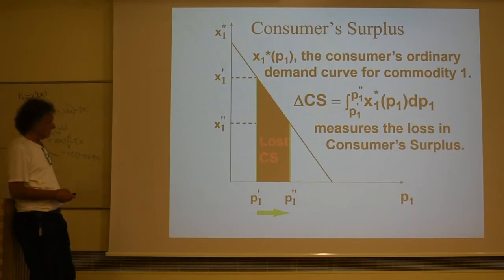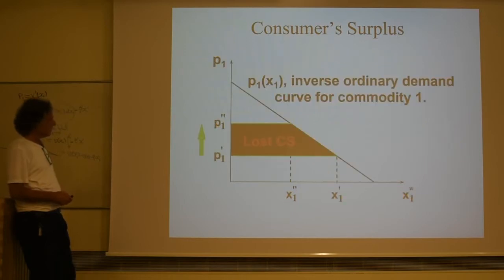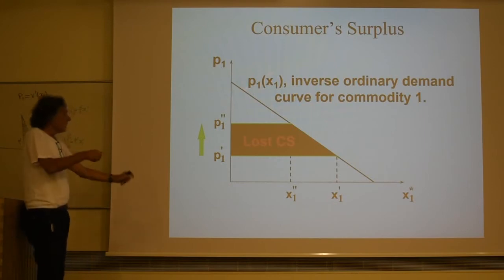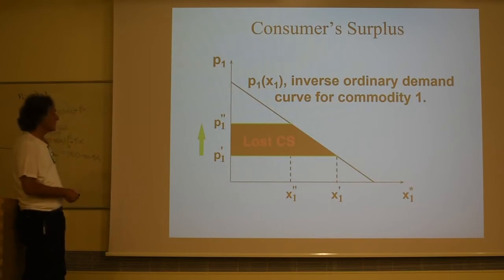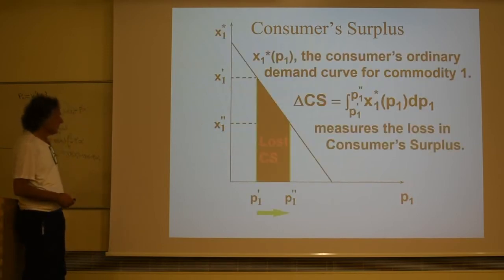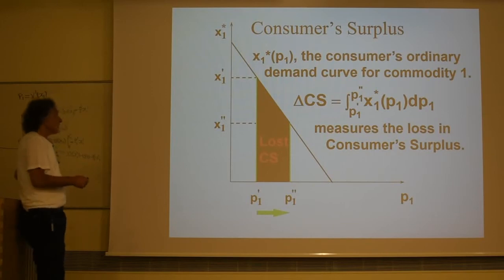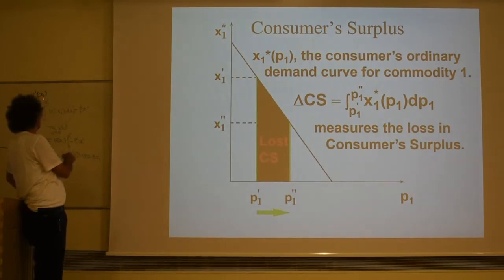Don't be misled. Here, I now invert everything. That was the inverse demand. Now I do it so that the price is here and the quantity is here. So let's say that I look now at the demand curve. So X1 depends on the price, not like here, where price depends on X1.